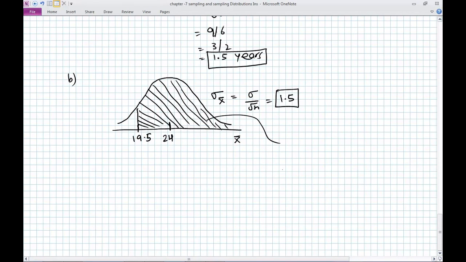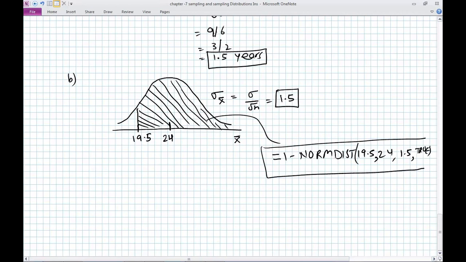So if you want to solve this, because the area is on the right, you should do 1 minus, and true. It is always true for normal distribution. So this will give you the answer. You can see this is done using normal distribution. The only key thing is you have to use sigma of x bar, because the x-axis is x bar and not x.